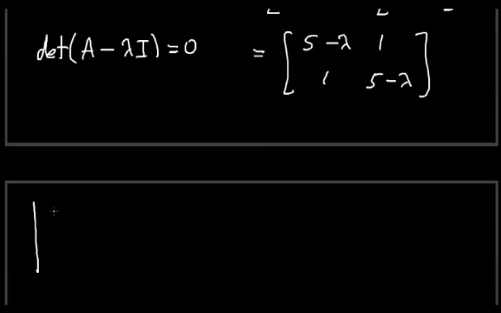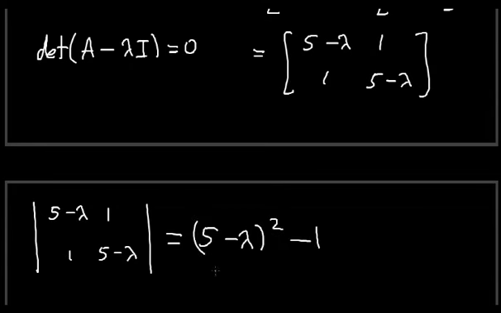Now let's see what the determinant of that matrix is. The determinant of 5 minus lambda, 1, 1, 5 minus lambda is 5 minus lambda squared minus 1, which is equal to lambda squared minus 10 lambda plus 25 minus 1, and that's equal to lambda squared minus 10 lambda plus 24.